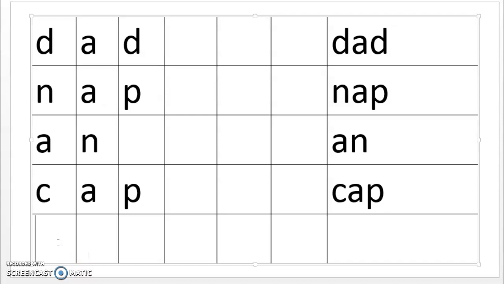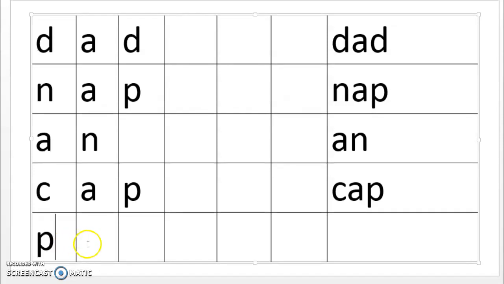Say pan. Let's tap pan. P-a-n. Let's write the letters as we say the sounds. P-a-n. Let's spell pan. P-A-N. Pan. So before we move on, we're going to read the words that we just wrote. Okay?